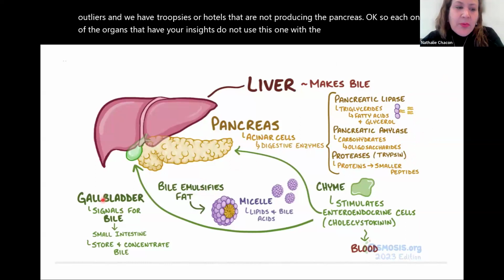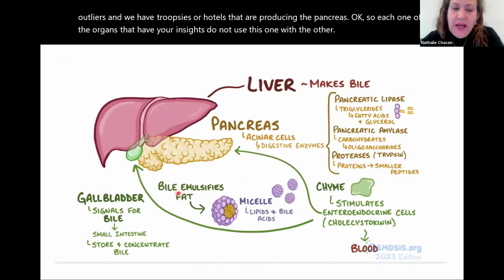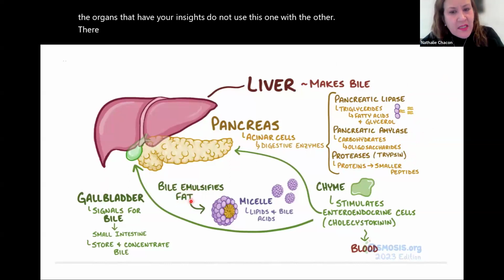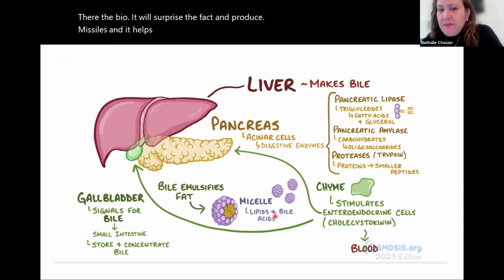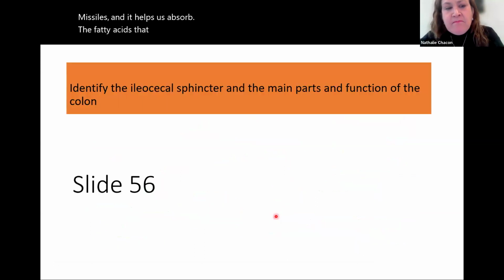The other thing, the gallbladder is there. The bile emulsifies the fat and produces micelles, and it helps us absorb the fatty acids that we ingest. This is another sphincter that is important.